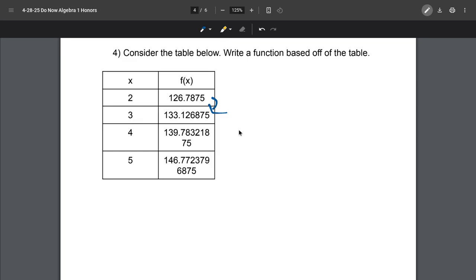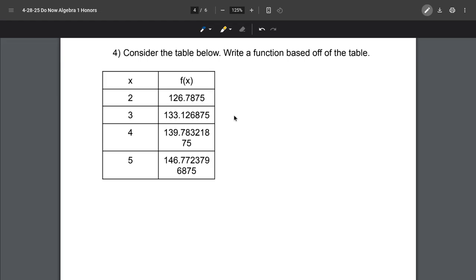But if I take 139.78321875 and I subtract 133.126875, I get 6.65. So we don't have a constant rate of change, so this is going to be an exponential function.